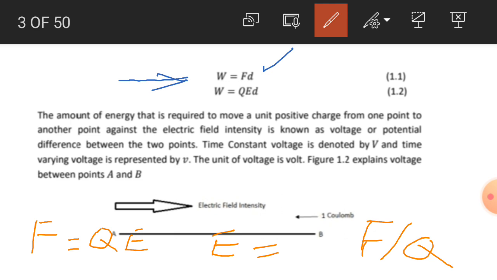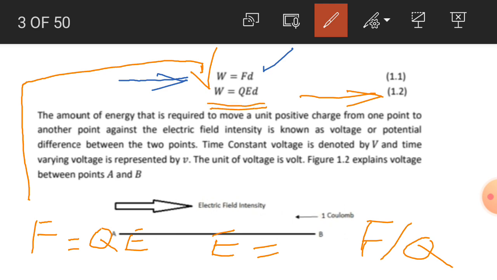This much force will be required to move this charge of q coulomb from the initial position B to the final position A against the field. So we put the value of this force in equation number 1.1, and we obtain equation number 1.2.